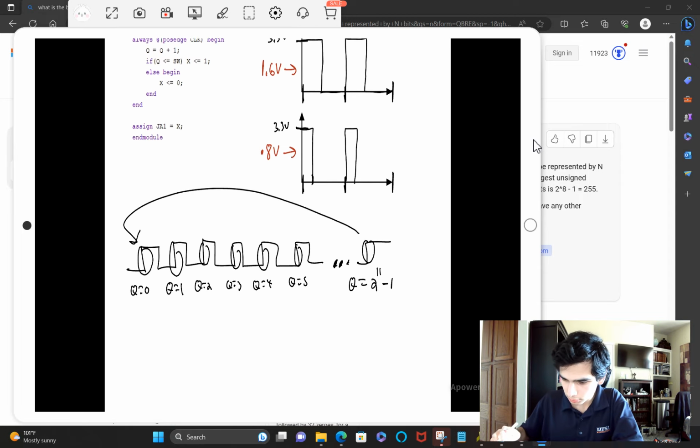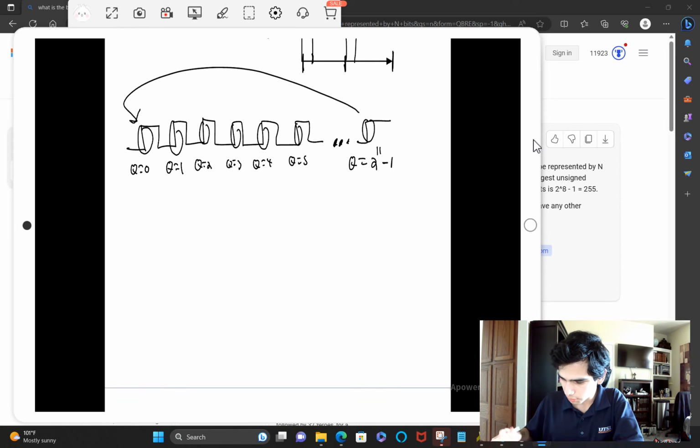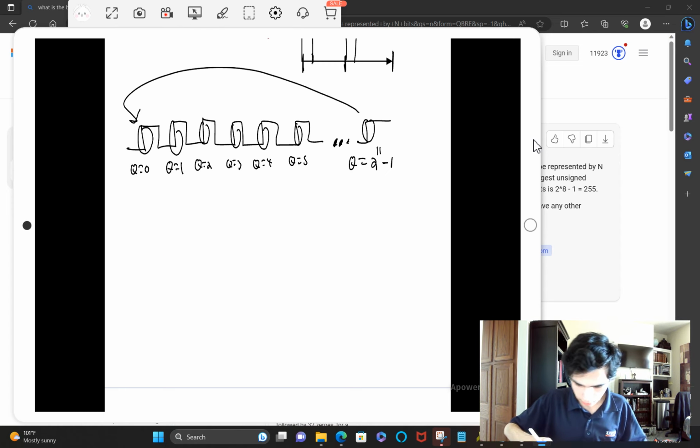So then we have our 10-bit binary switch value, which I'll represent right here.